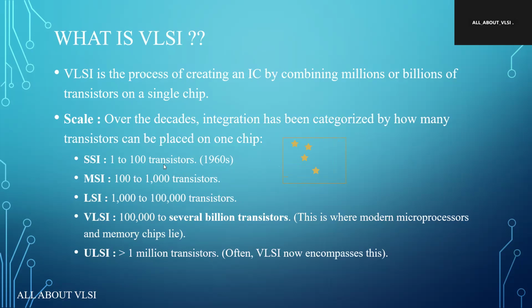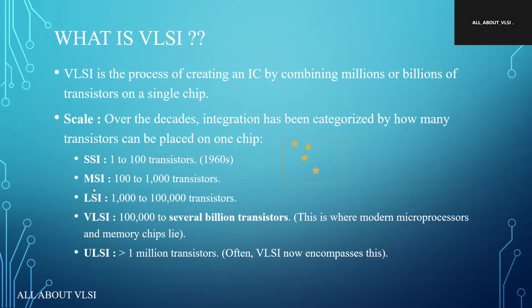If you have 200 transistors, we cannot place 200 transistors on a single chip using SSI, small scale integration. If you want to place 200 transistors, we have to choose two chips. So this is the drawback of this one.